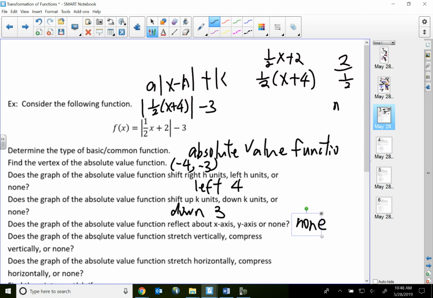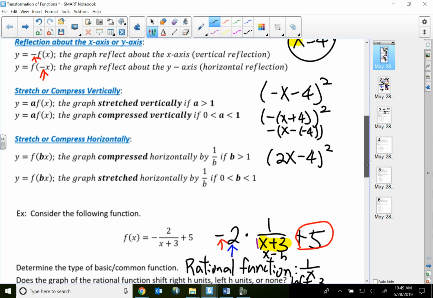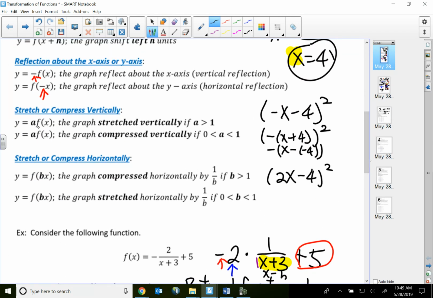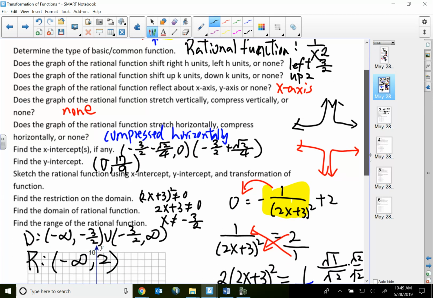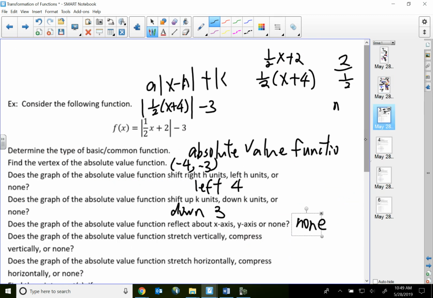All right. Does the graph of the absolute value function stretch or compress vertically? Vertical compress or stretch refers to the coefficient in front of the absolute value, which I don't have a number for, so it's 1.